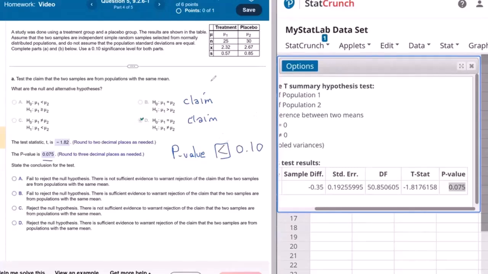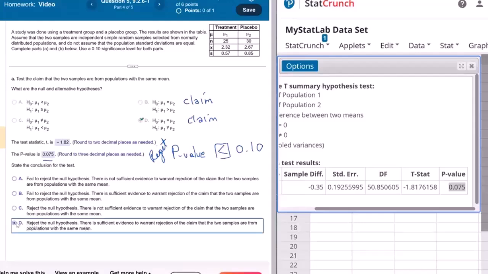That means it's going to be in the rejection region. State the conclusion for the test. Reject the null hypothesis. We can only reject if we have sufficient evidence. There is sufficient evidence to warrant rejection of the claim that the two samples are from populations with the same mean. We reject that.